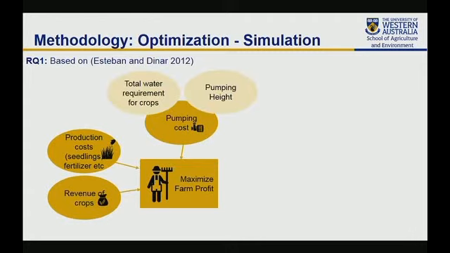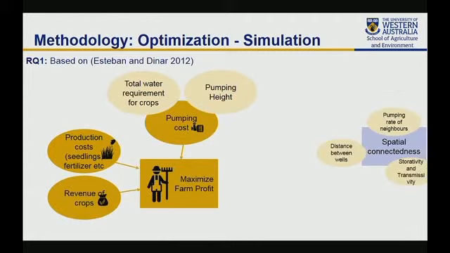The pumping cost will depend on the total water requirement for the crops that he selects and the current pumping height. And the farmer's constraint is a drawdown of water level in his well, which is defined by the spatial connectedness. The spatial connectedness involves some elements such as storativity and transmissivity, the distance between wells, and the pumping rate of neighbors.